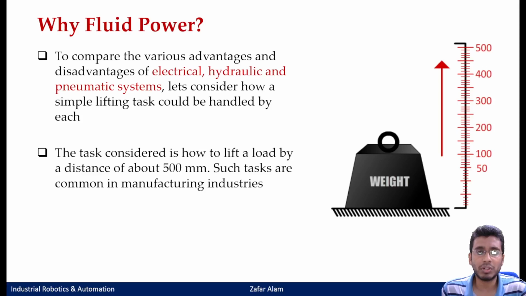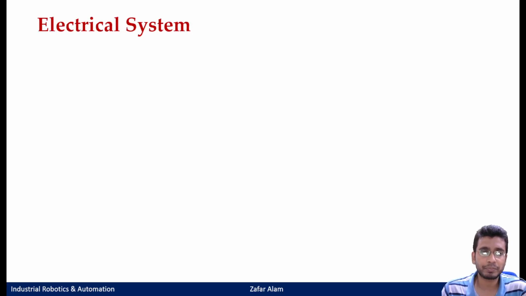You can also nowadays find these tasks in normal storage plants or other storage facilities of different e-commerce companies. So these are very simple tasks. Let us again compare these three modes of your prime movers using this simple task that is just shown in the right side of your screen. So the task considered is how to lift a load by a distance of 500 mm.